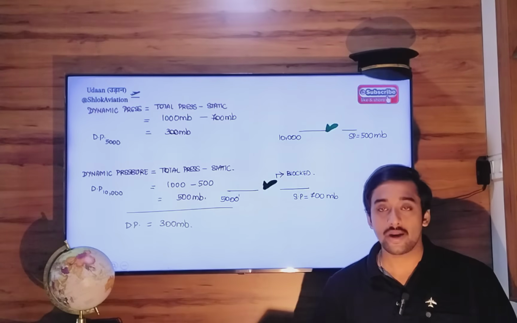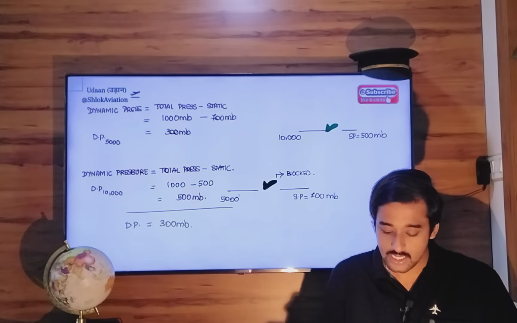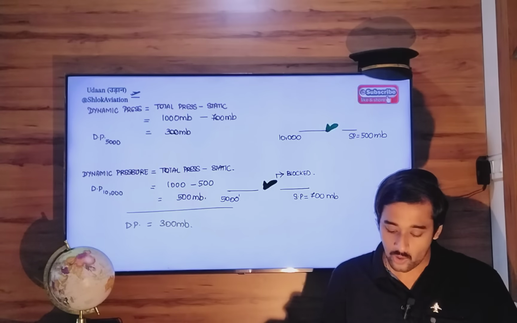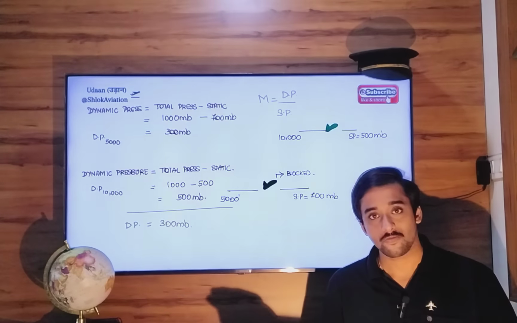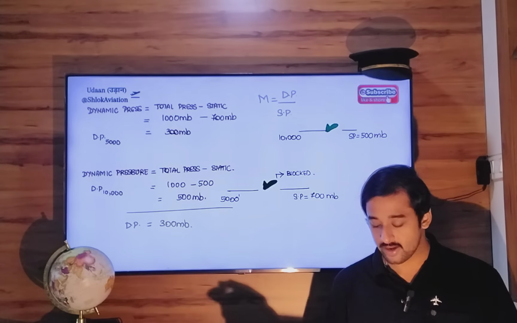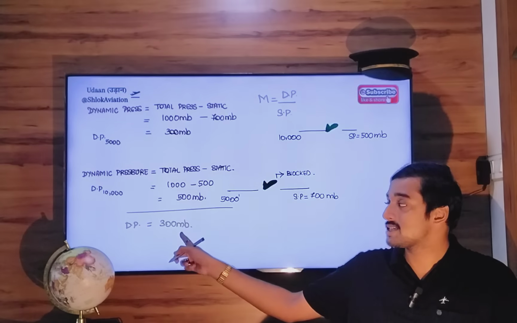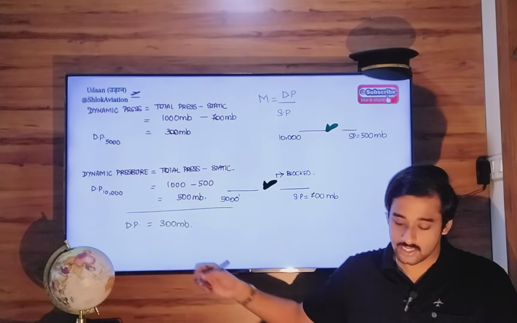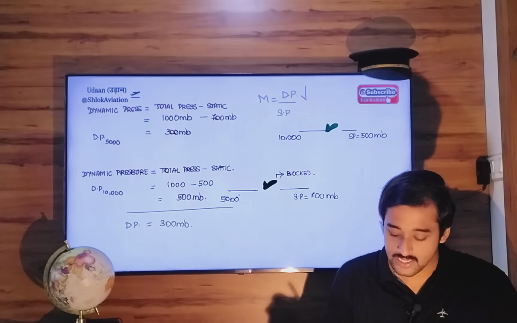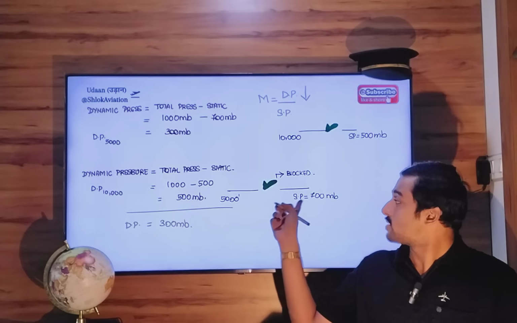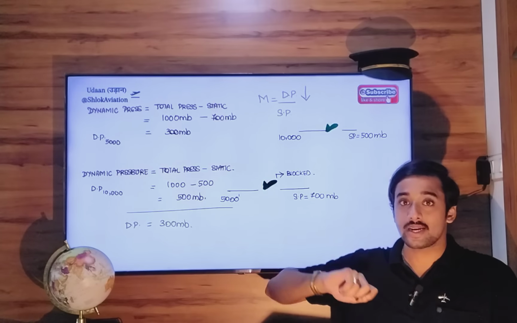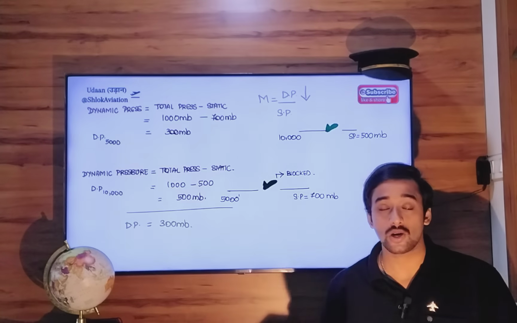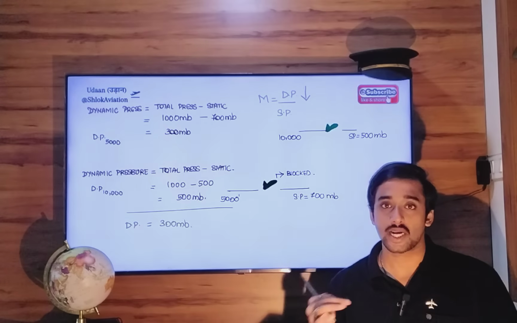So what will happen to Mach number? Mach number is nothing but dynamic pressure divided by static pressure, right? So what you are observing, dynamic pressure instead of increasing is decreasing, and static pressure, which should decrease, 700 should become 500, is not decreasing, because the static port is blocked.